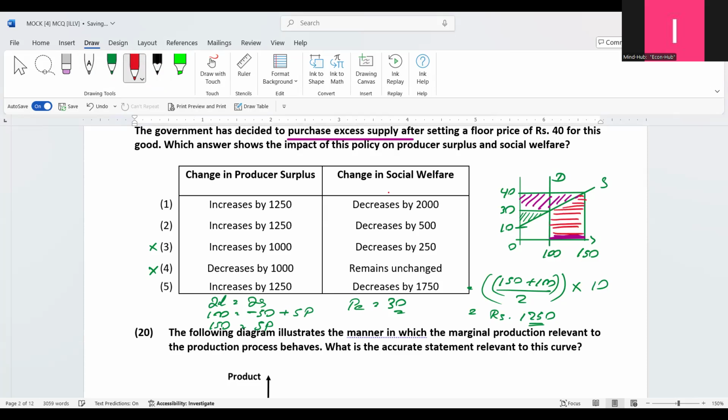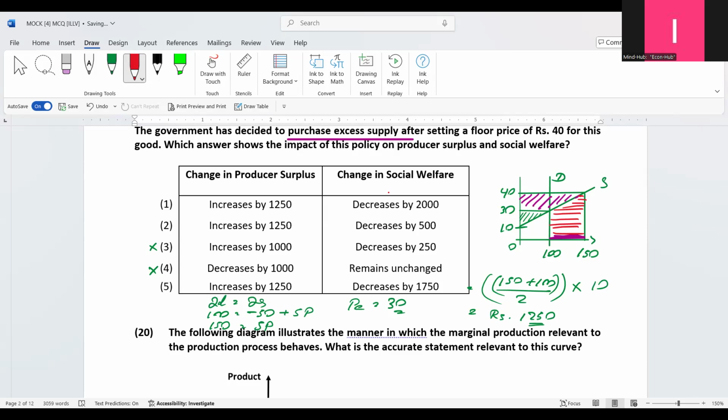It would be this. That is what the government is spending. If the question was government expenditure, then that would be 150 minus 100 into 40, that is this whole area.